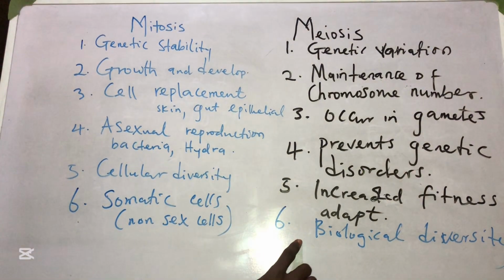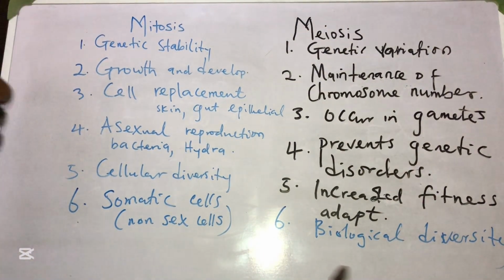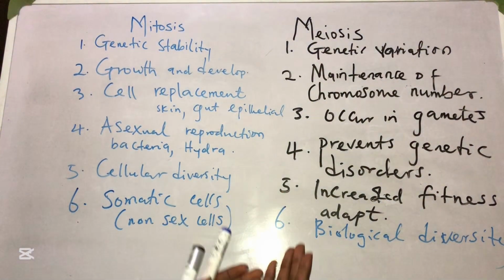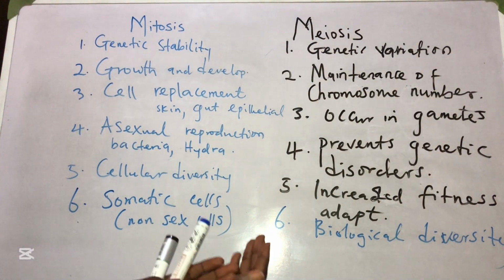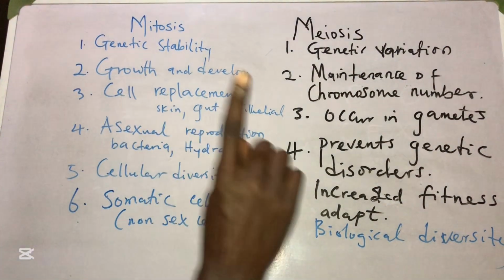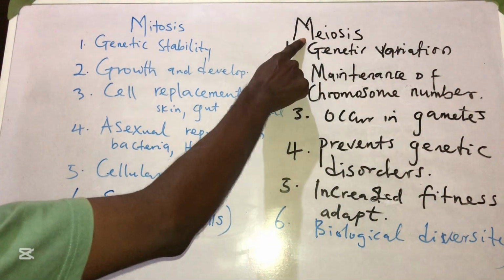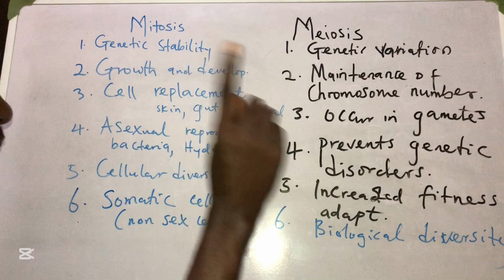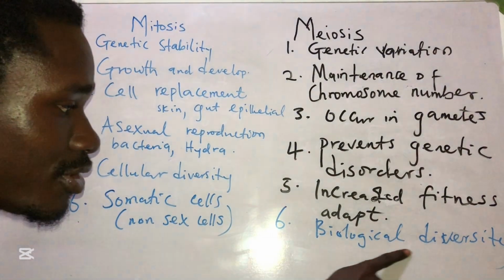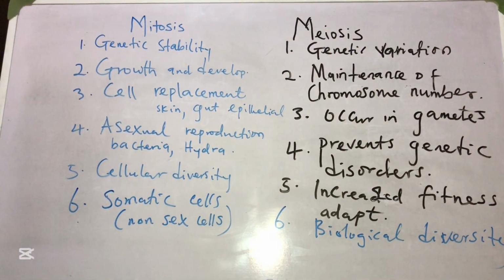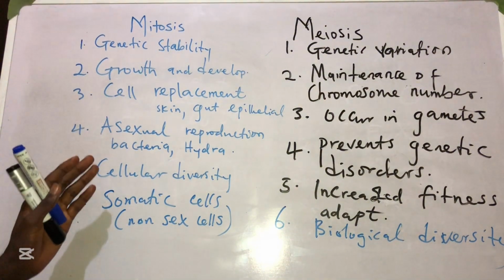Meiosis gives rise to biological diversity. Meiosis is the reason why we all look different from our parents. Human beings are 99% the same, but just that 1% makes all of us different from one another. It is as a result of meiosis. So that 1% accounts for all of the biological differences between and among all of us.